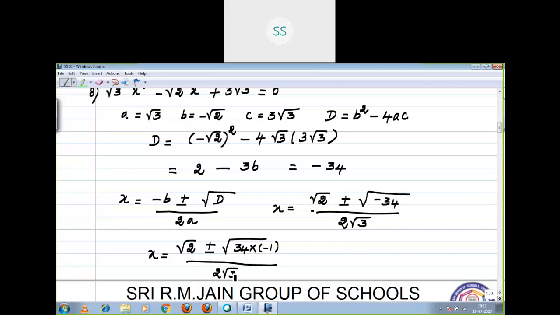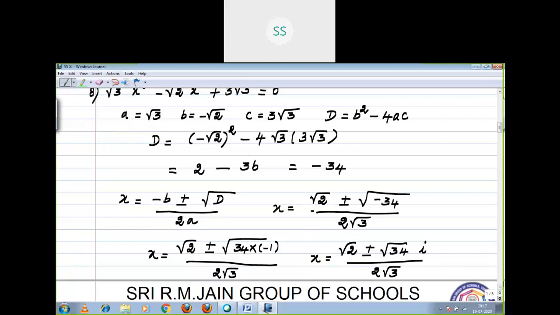Now, x is equal to root 2 plus or minus root 34. The root minus 1, you write it as i, divided by 2 root 3.